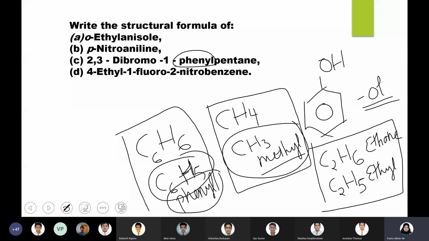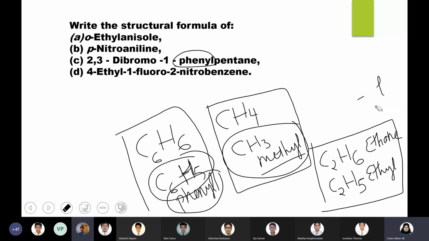When it comes as a branch, we call it phenyl. Is that clear? Or do you want me to explain it again? No, ma'am, clear. Okay, I'll just repeat for anybody who is not following. Normally for a long chain compound, when it comes as a branch, we write it with one hydrogen reduced. CH4 is methane, and as a branch we call it methyl with the formula CH3, one hydrogen less than the parent compound.